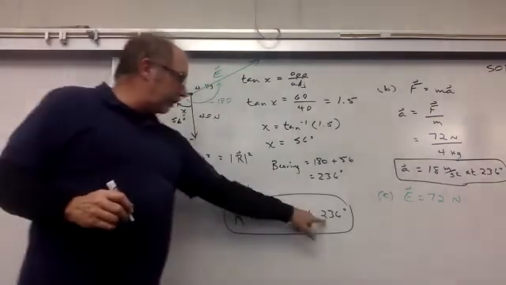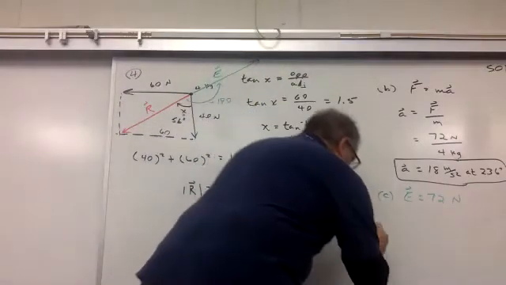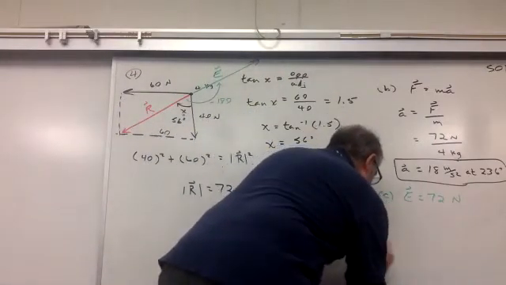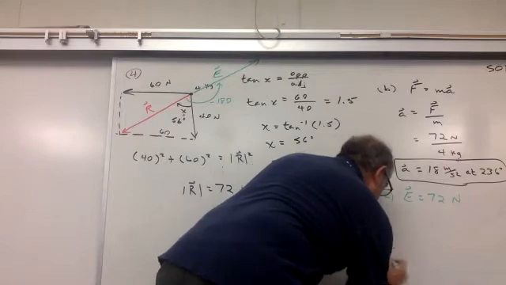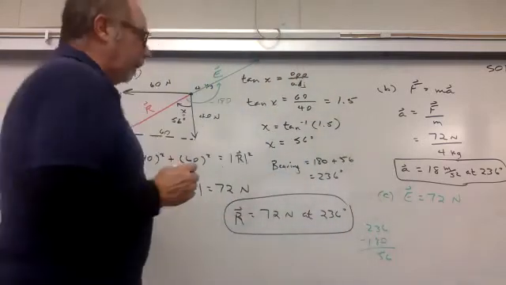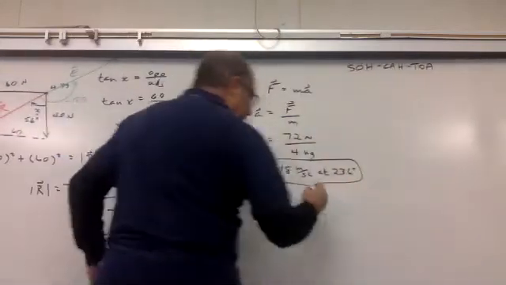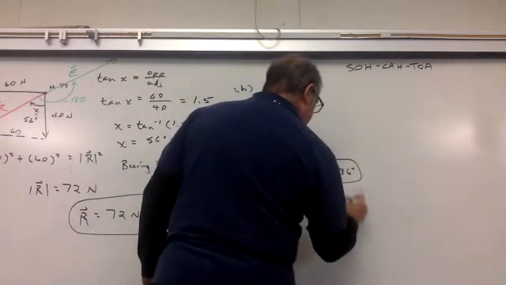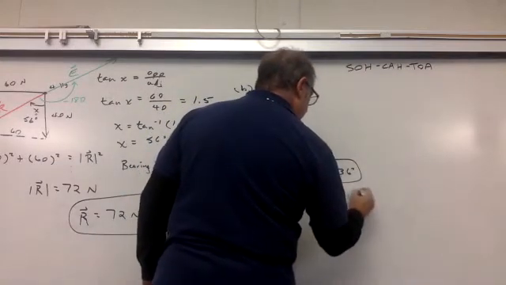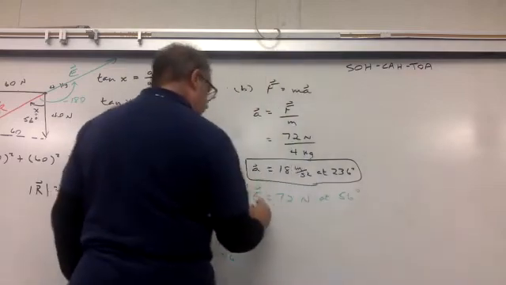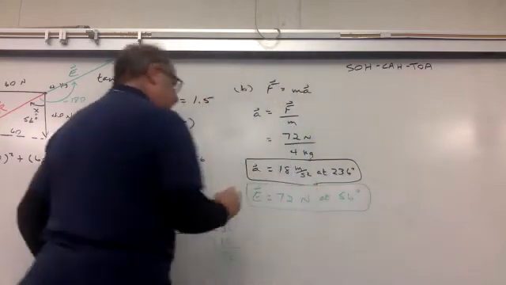So 236 minus 180 gets me back to 56. So my answer for the force that puts it into equilibrium is 72 newtons at 56 degrees.